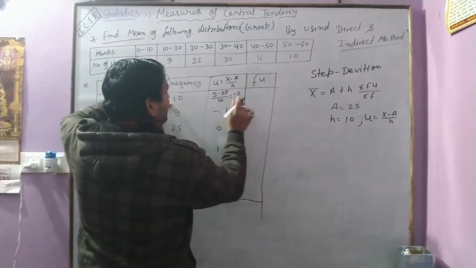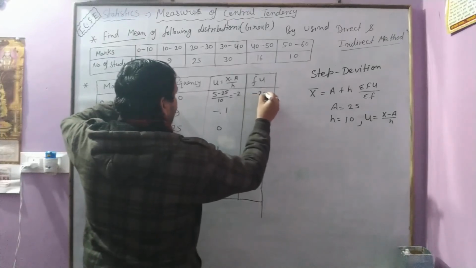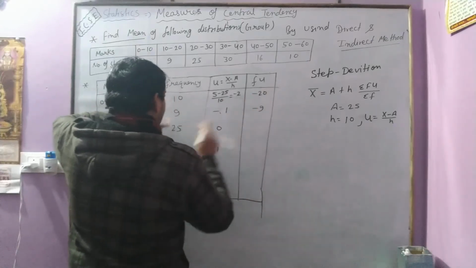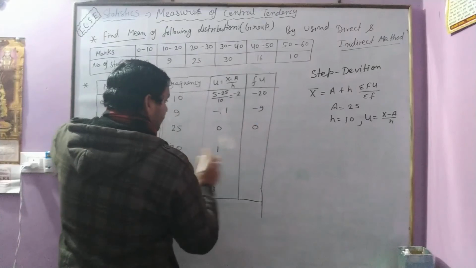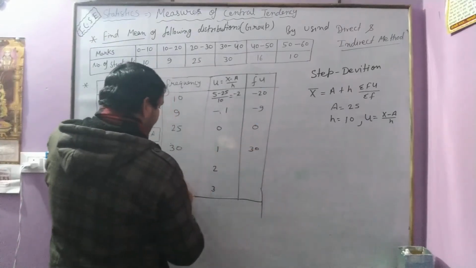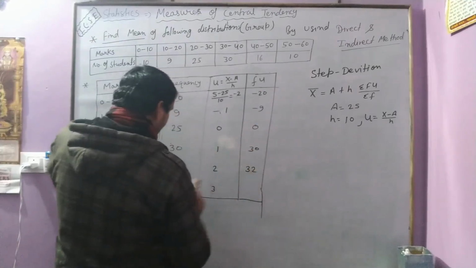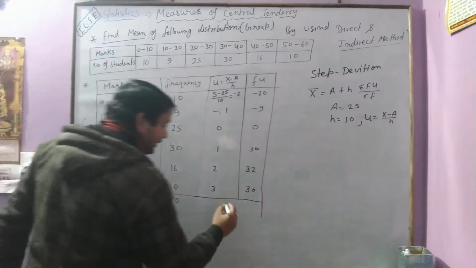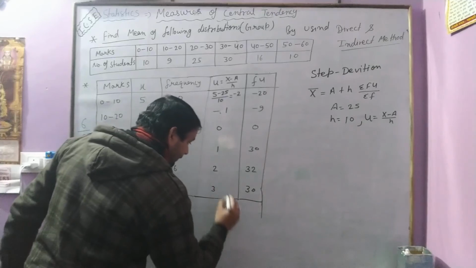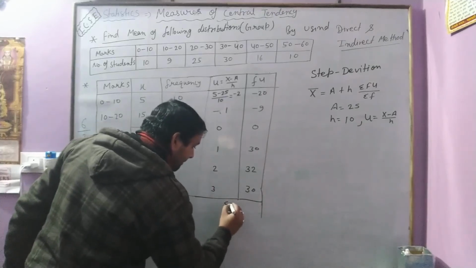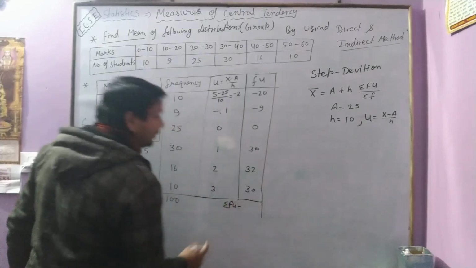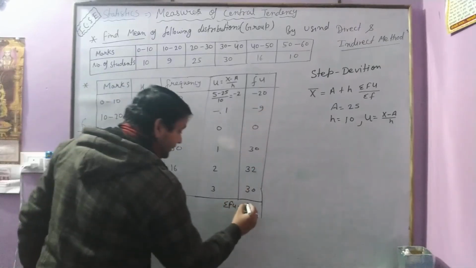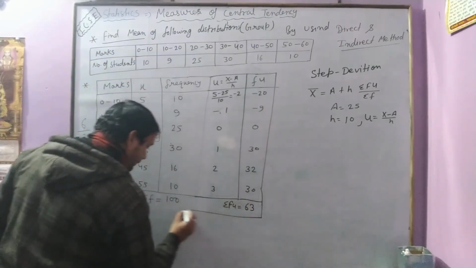That is, first is minus 20, minus 9, 0, 30, 32 and again 30. This will give you the result: summation fu is equal to 92 minus 29, which is 63.